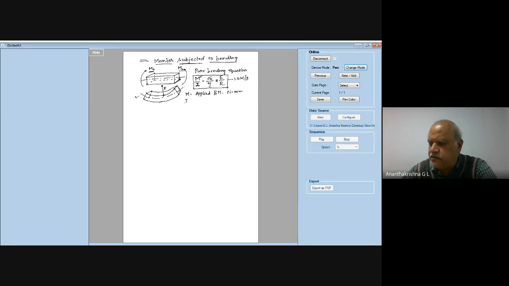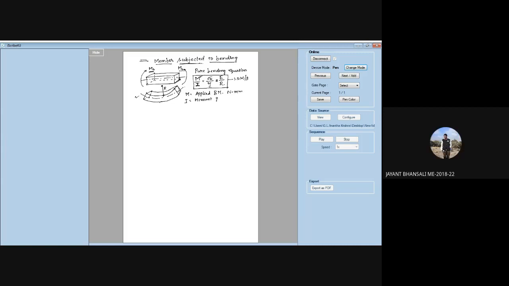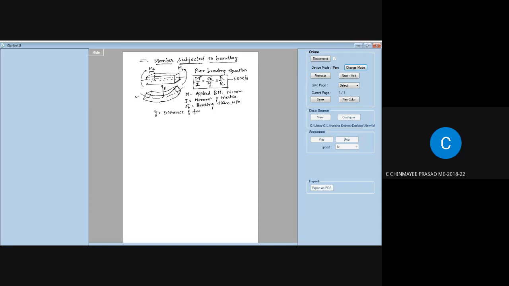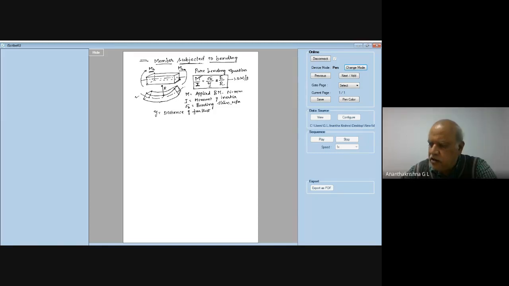So what does M stand for? Bending moment. M stands for the applied bending moment, in Newton millimeter. What does I stand for? Moment of inertia. Then sigma B is bending stress, in megapascal. Y is the distance of the farthest layer from the neutral axis.